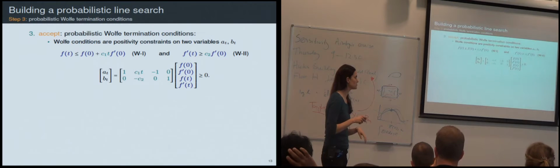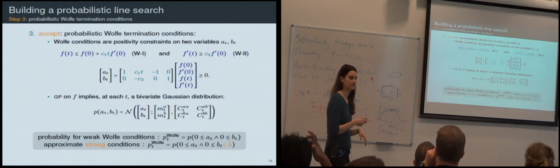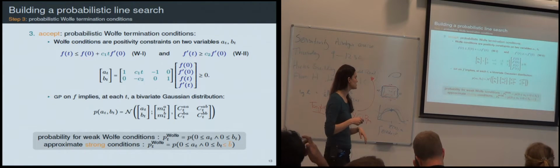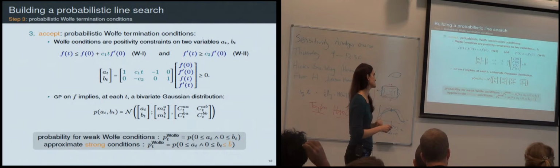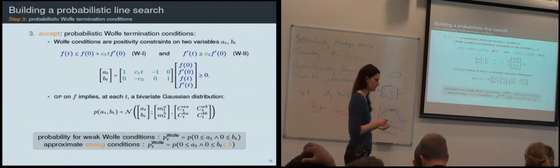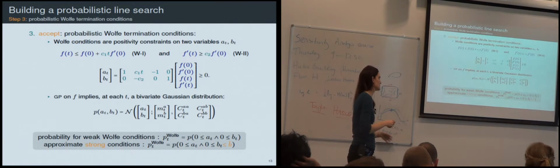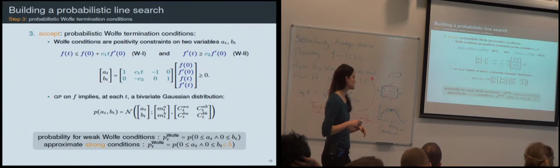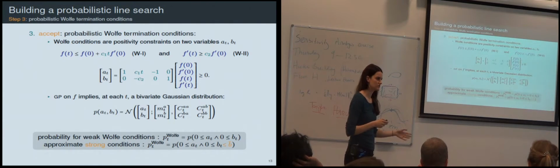We have a Gaussian process surrogate over the function values and gradients, and because this is a linear map, the GP implies a bivariate Gaussian distribution at every step size over A and B. For the Wolfe conditions to be fulfilled, we want A and B to be positive. So now the probability that Wolfe conditions are fulfilled is the integral over the positive quadrant. And we're going to accept a point now if it's just above a threshold.